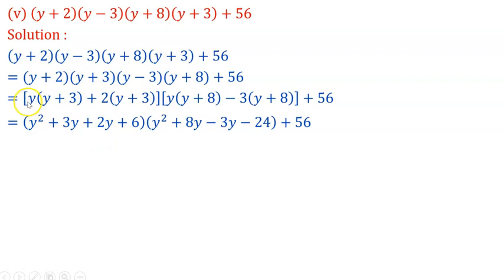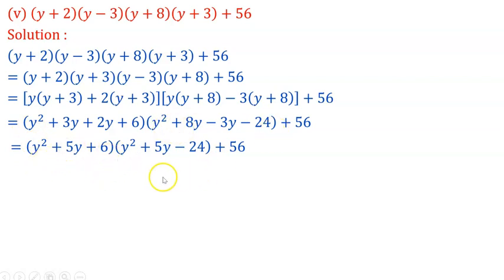Now the product: y² + 3y + 2y + 6, next y² + 8y - 3y - 24 in the next bracket, + 56. If we simplify, in the first bracket you will get y² + 5y + 6, and in the next bracket y² + 5y - 24, bracket complete, + 56.